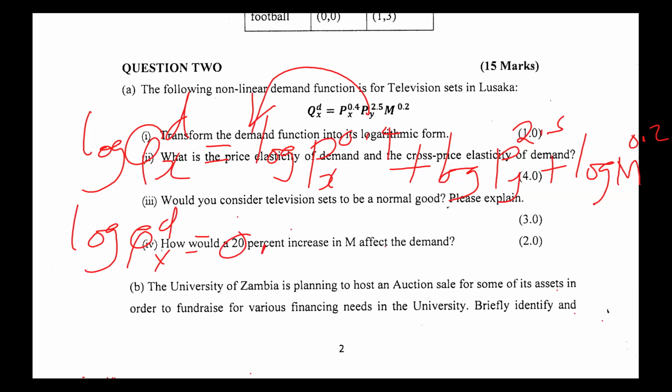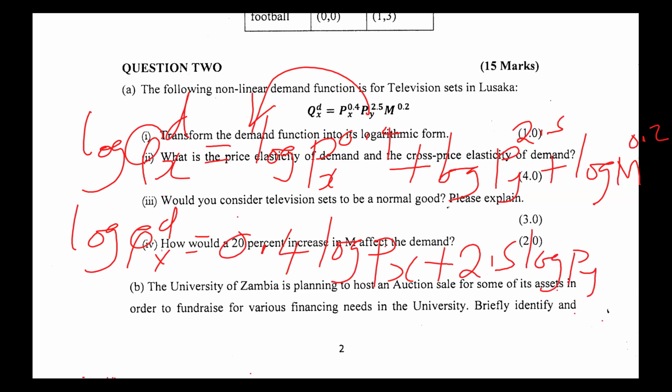So 0.4 log p x, plus 2.5 log p lower script y, plus 0.2 log m. Anyways, if you don't want to introduce these logs, you can introduce ln, which is the natural log. It's still okay. It's still a log function.